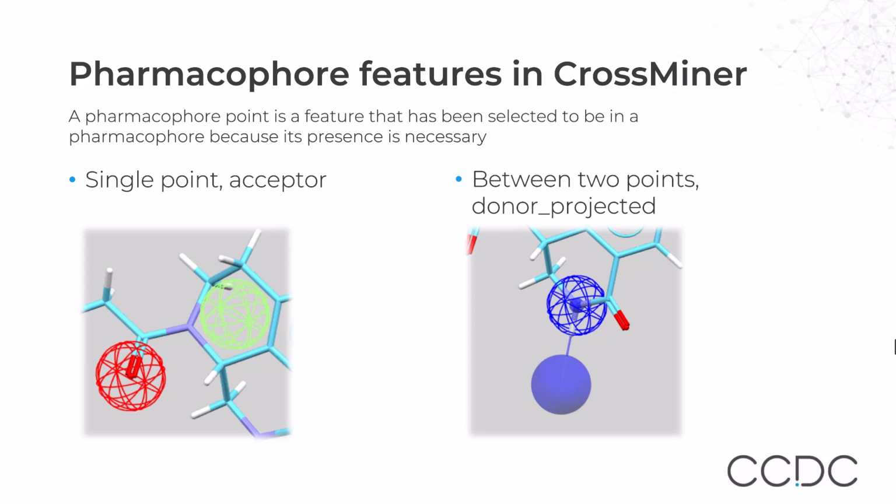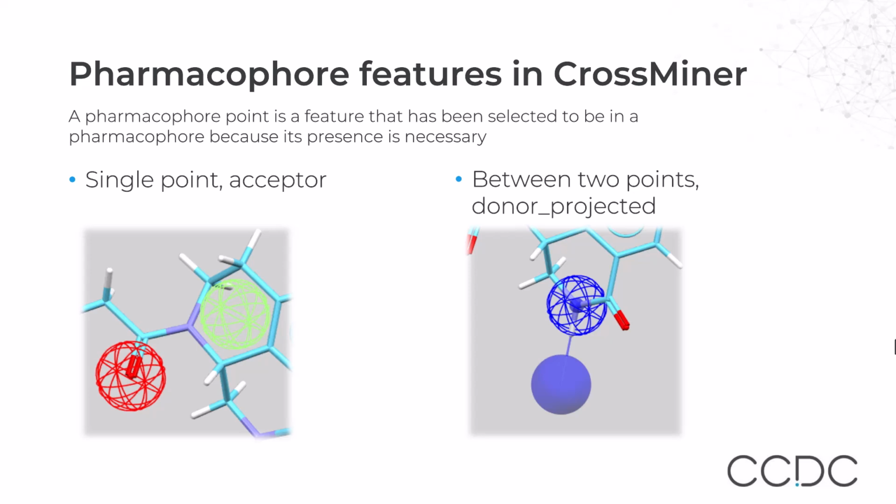So, long story short, you have a compound and it has multiple chemical groups. Some of them are important for the interactions, and you can select them as important and critical ones and describe them. And this description is basically a pharmacophore feature.